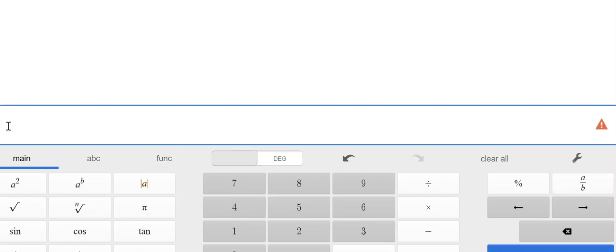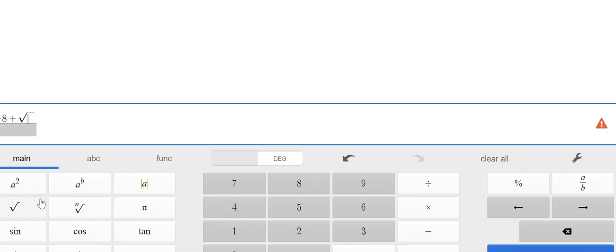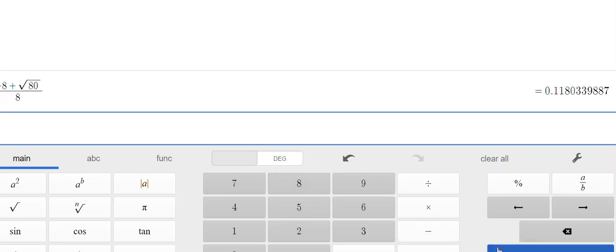If I want to do a fraction or division, I can press this button on it and I can actually do minus 8 plus the square root of 80, all divided by 8.